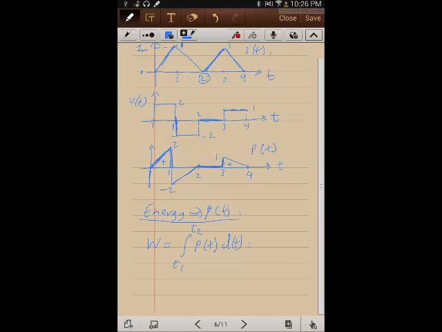So if we substitute the voltage and current, it will be the integral from t1 to t2 of v as a function of time multiplied by i as a function of time, dt.